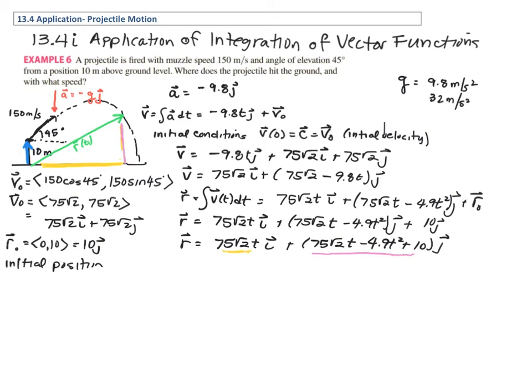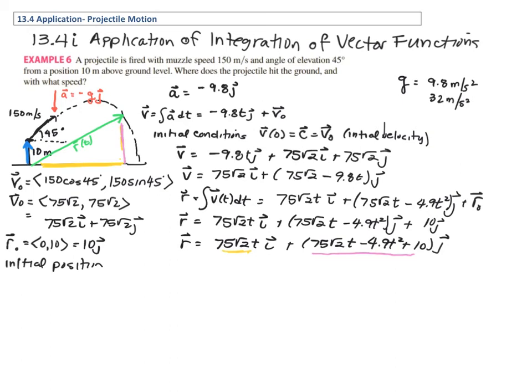So we can think of breaking down that position into horizontal and vertical. Once we have that position function, there are a number of questions that you may be asked. This particular one says, where does the projectile hit the ground?